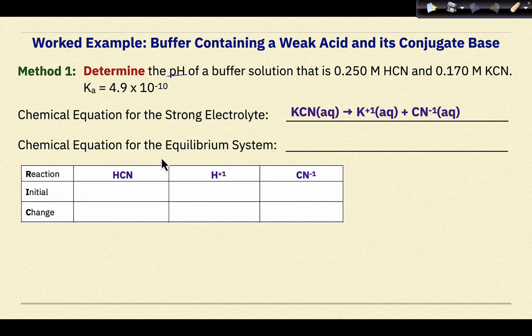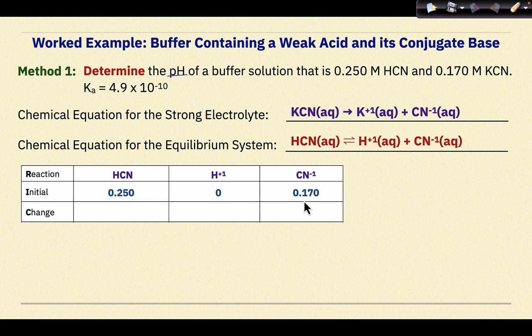The chemical equation for the equilibrium system is HCN ionizes to form H+ ions and CN- ions.